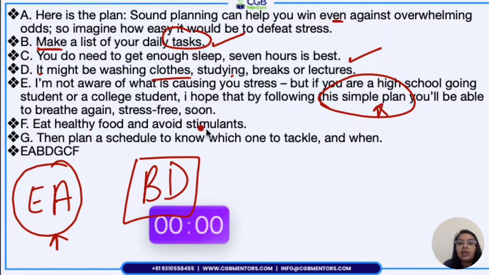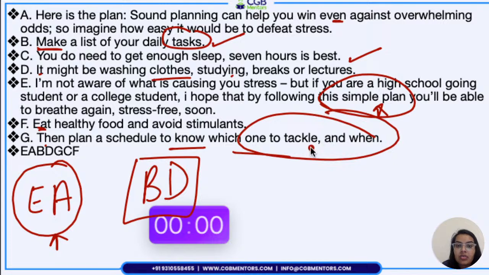Eat healthy food and avoid stimulants. C. B. Make something, and there is a list D. Eat is verb first form and it is about eating something. Then plan a schedule to know which one to tackle and when. So what is the thing that we can tackle?